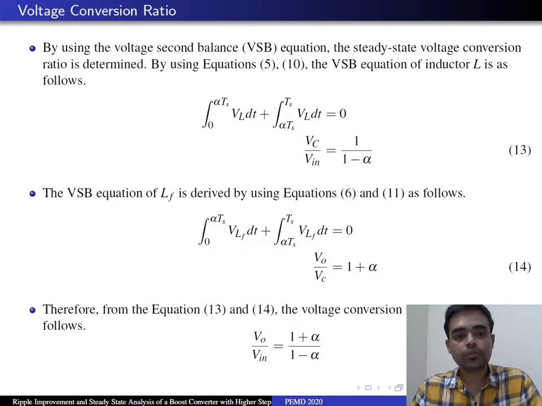So what will be the voltage conversion ratio of our proposed converter? That has been determined by the voltage-second balance equation. First, we have applied the voltage-second balance equation for the voltage of inductor L, and in the next duration we have applied the VSB equation for the voltage of the LF winding.